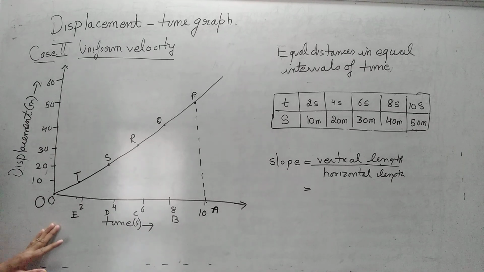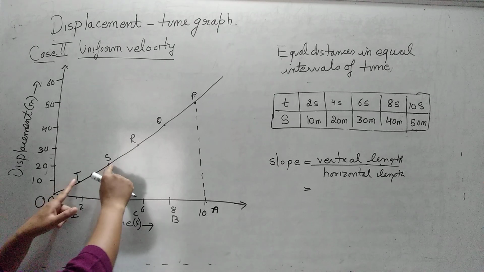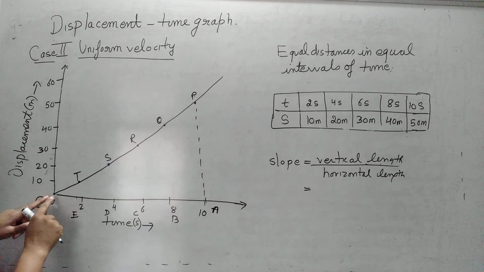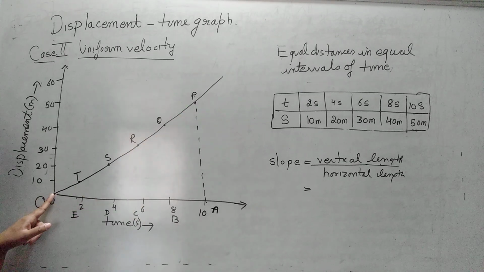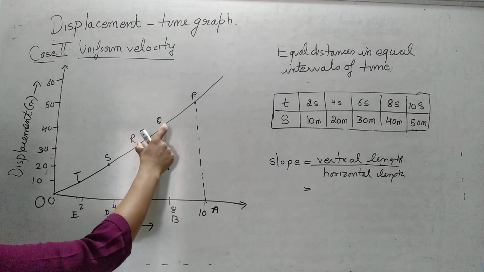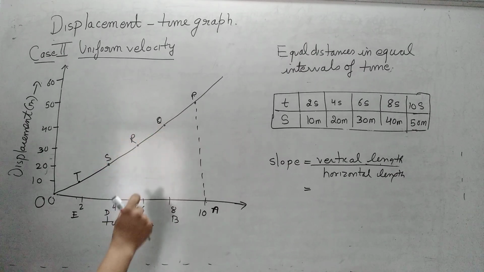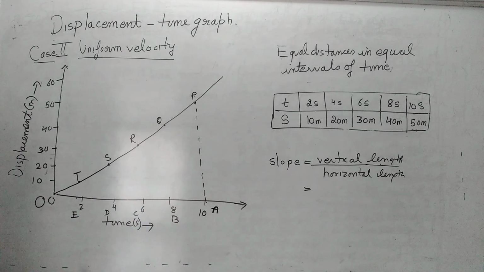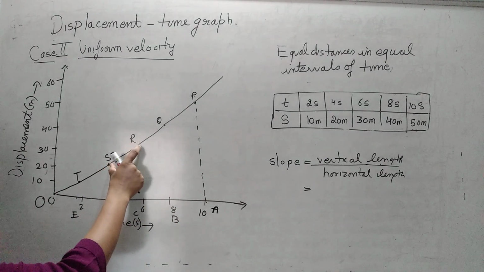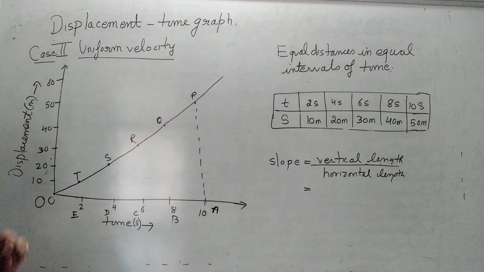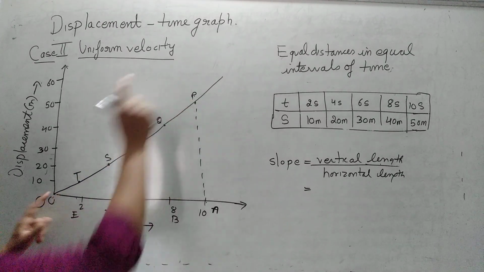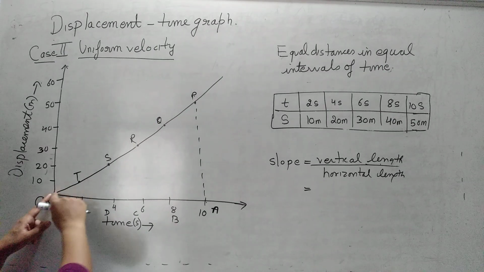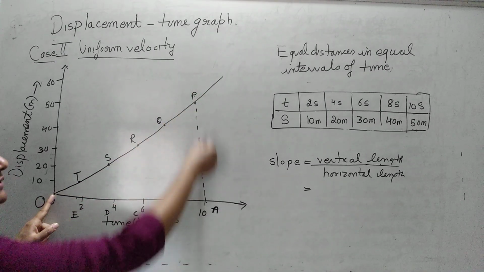Now to find the slope, you have to take any 2 points. You can take OT, you can take any 2 consecutive points. Let me take the points O and P. So हम छोटे से 2 points के बीच में भी slope find out कर सकते हैं, पूरे बड़े में भी slope find out कर सकते हैं. The slope remains the same whether you take points very close or you take the points far away. I am taking these points OP. Then what is the distance? इन points का vertical distance क्या है?